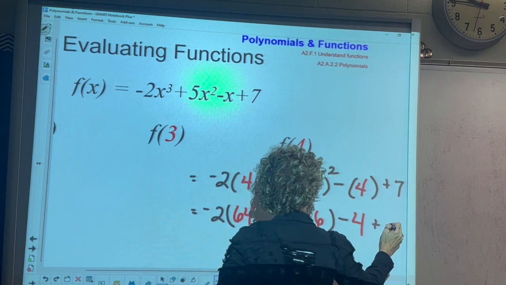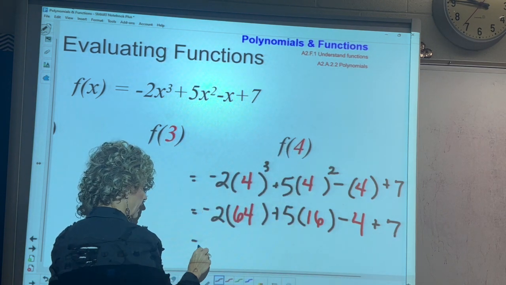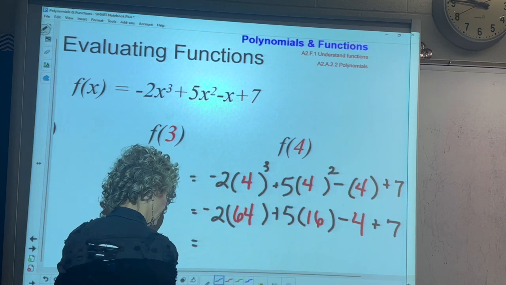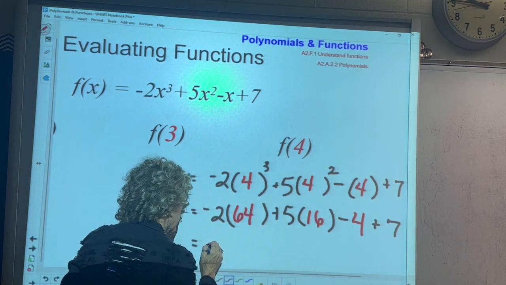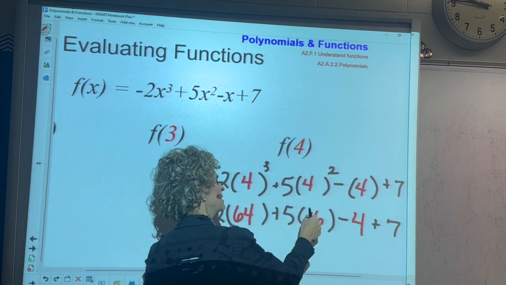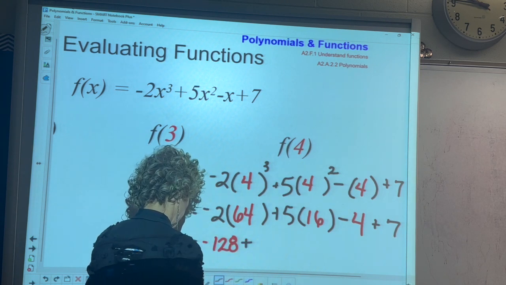And then I have my plus 7. Okay? So I know that negative 2 times 64 is a negative 128. A positive 5 times 16 is a positive 80.